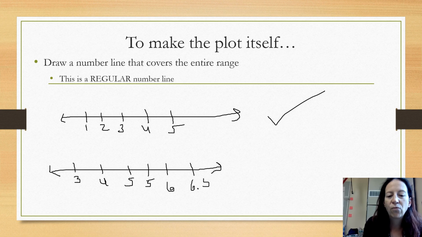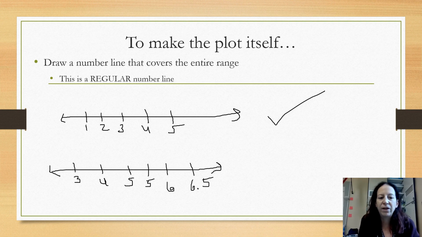Right off the bat, I hope you notice a number line doesn't have 2 5s on it. You guys have seen plenty of number lines to know that there are not 2 5s on a number line. Also, if your number line is counting by integers, so it's going 3, 4, 5, 6, then 6.5 should not have its own tick mark.